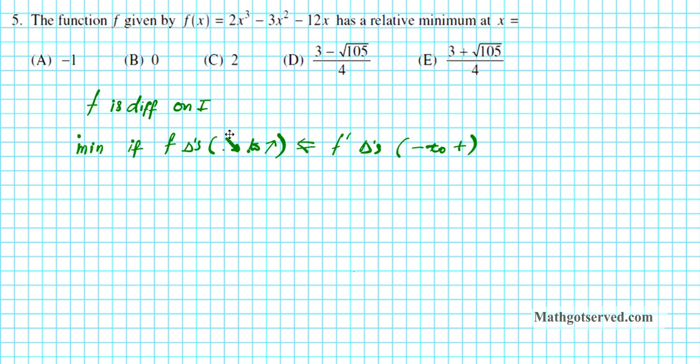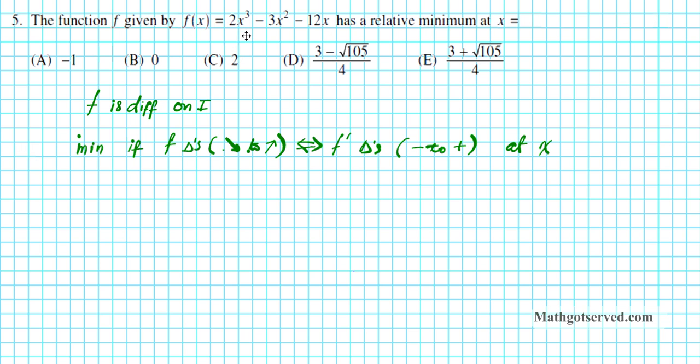And if it changes from decreasing to increasing, that means you have a minimum. Okay? And it can also go in that direction also. So basically, if a function has a minimum, the function itself changes from decreasing to increasing, and its derivative changes from negative to positive at that x value. Okay? So that's what we're going to use to solve this problem.